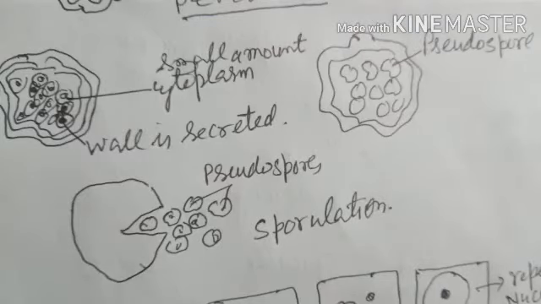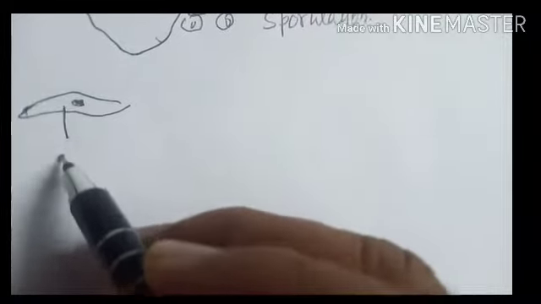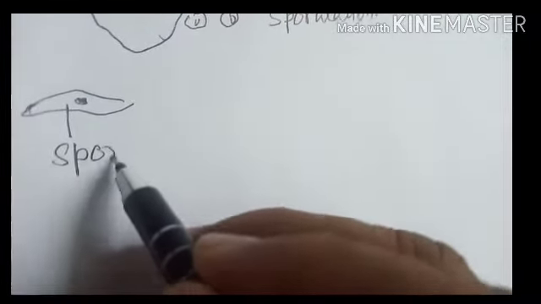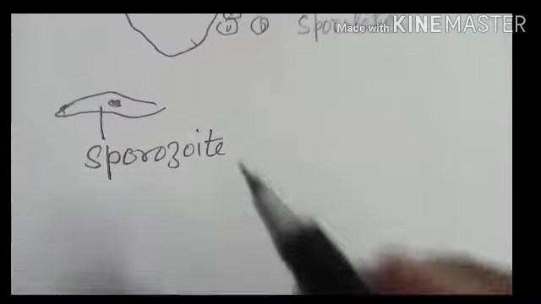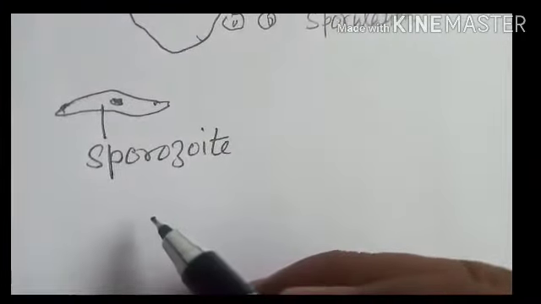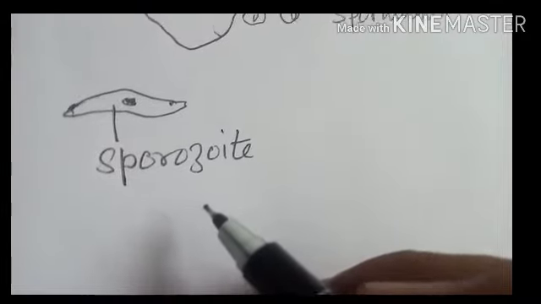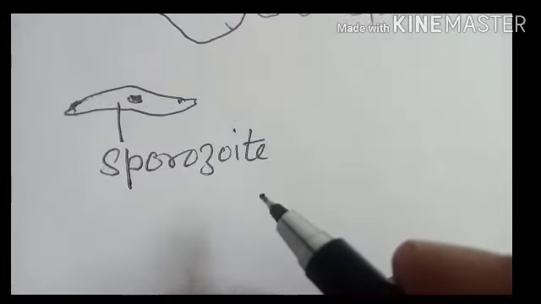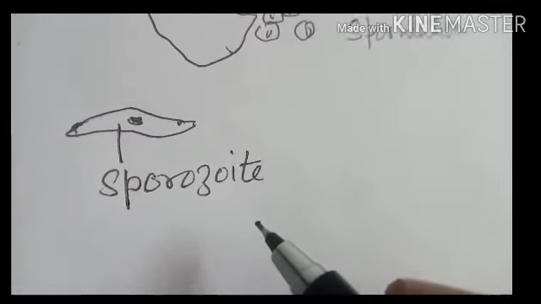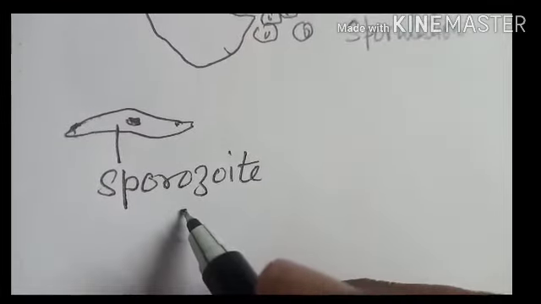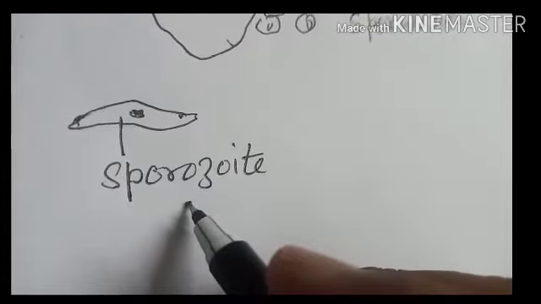This sporulation will also occur in the case of the parasite called Plasmodium. This is the sporozoite of Plasmodium, which enters the body of a human being as the female Anopheles mosquito pours saliva, and that saliva contains a number of sporozoites.